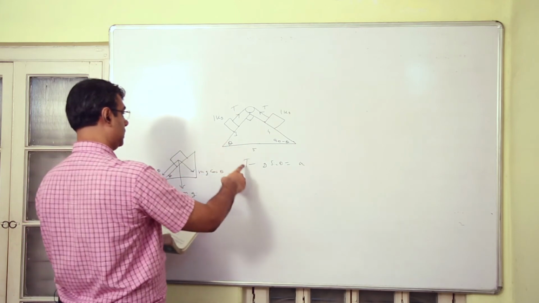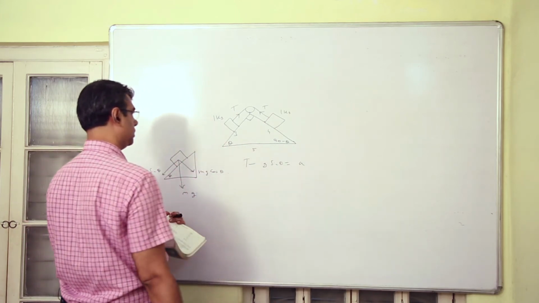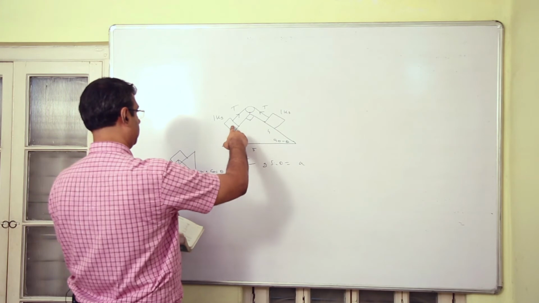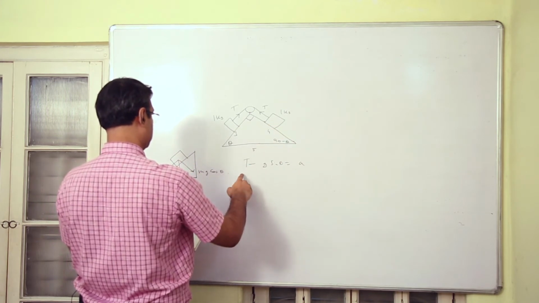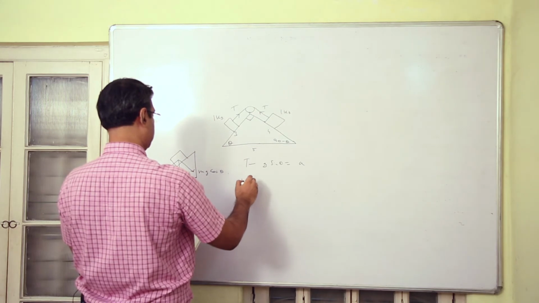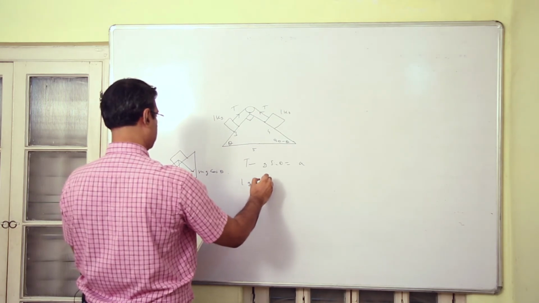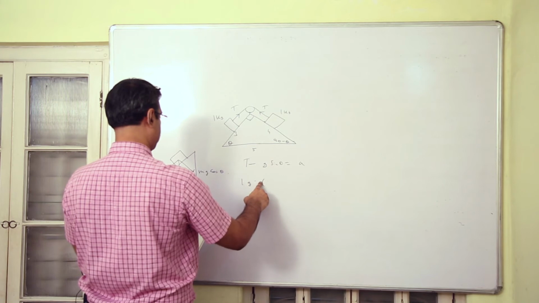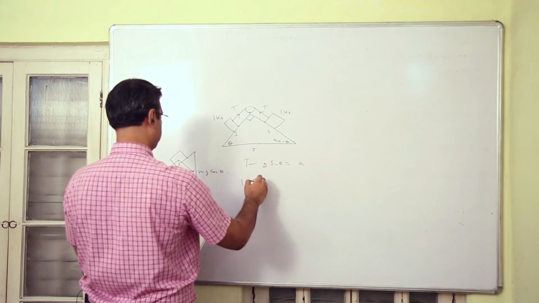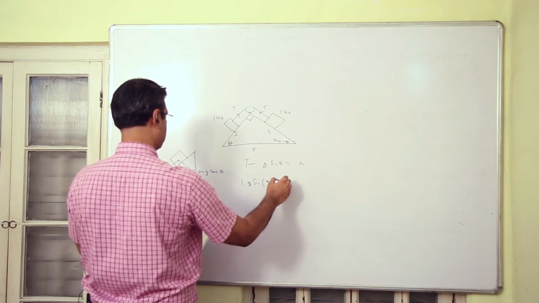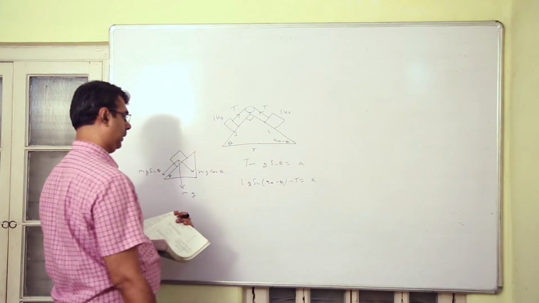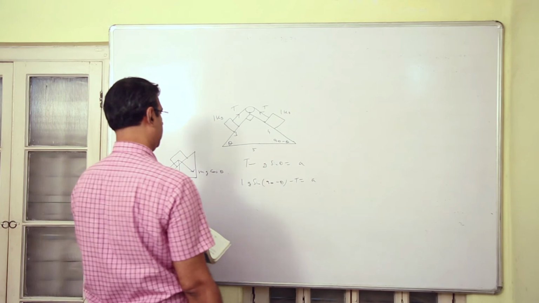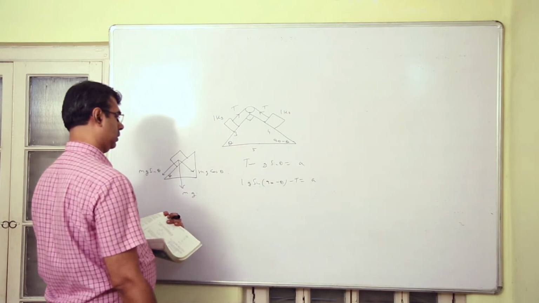M is 1 kg, so T minus g sin theta is 1 into acceleration. Now if this is going up, this will certainly go down, so 1 into g sin (90 minus theta) minus T is equal to 1 into A, right? So these are the calculations.